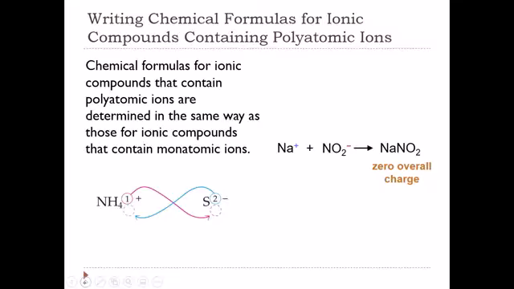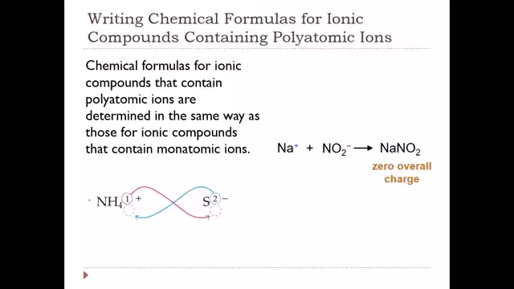So how do we write formulas for polyatomic ions? In much the same way that we did with monatomic ions, so calcium and chlorine. Again, we crisscross the charge and we write these charges as subscripts. Now the only thing is that since we have this group of atoms, whatever we do to one, we have to do to the entire group.